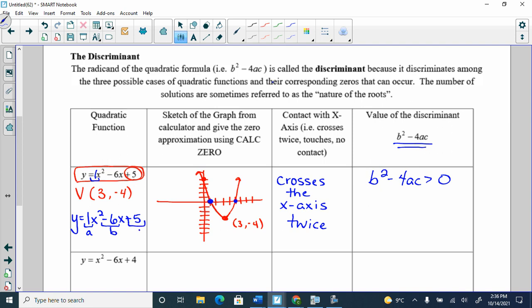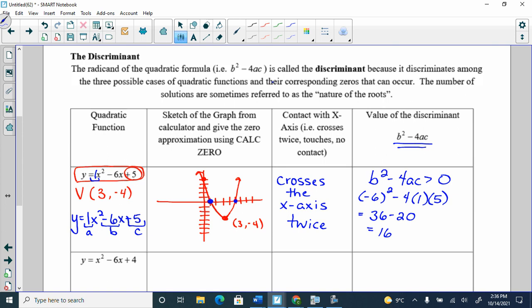What's at the back is my c. I don't have to do the entire quadratic formula because I'm just telling you that I have 2. So I plug it in. Go b squared, which is negative 6 squared minus 4 times 1 times 5. This becomes 36 minus 20, which is 16. What is 16? Greater than 0.